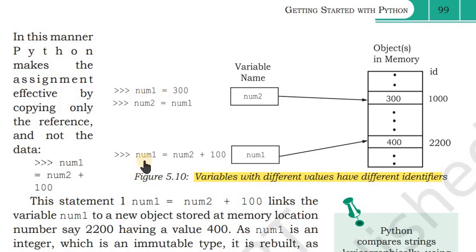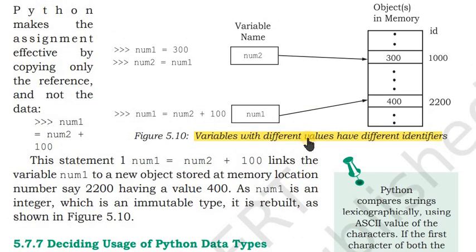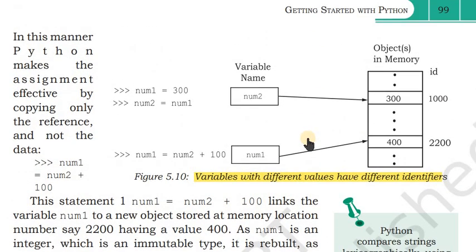This is the reason that when the programmer or user wants to change the value of num1 and the value is changed, it creates another location in memory and its identity is changed. I hope you have understood mutable and immutable data types in Python.